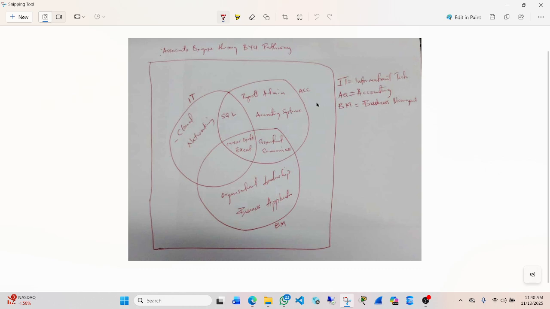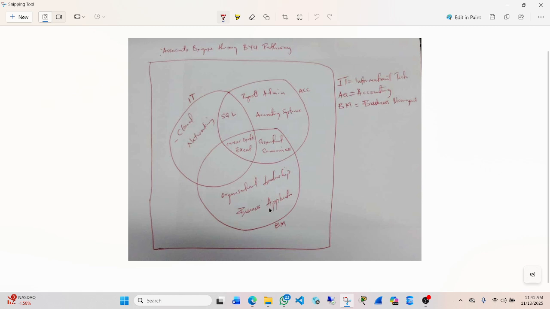Now, for intersection of IT, accounting, and business management, it will be career development and Excel. All of them share those skills. If I want to do except, I can do business management except IT, so we're going to exclude the shared ones and keep organizational leadership and business application.